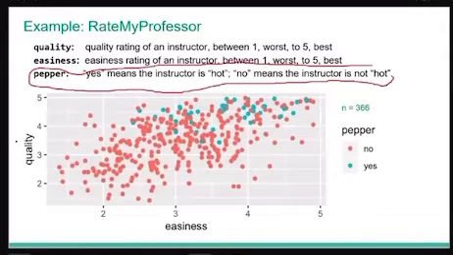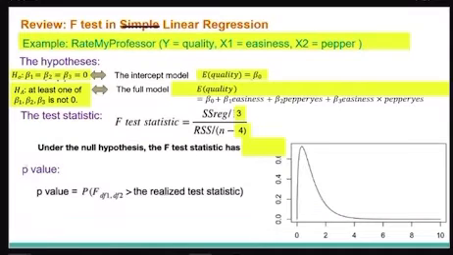Now, I need you to pay attention. I'm coming somewhere now. Where do we use the f-test? We use the f-test when we compare an intercept model with a full model, right?